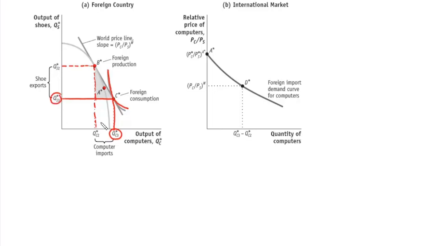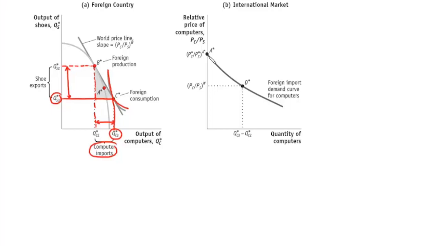Now this difference between consumption and production will give us exports and imports. This foreign country is going to import computers, given by Q star C3 minus Q star C2, and it is going to export this amount of shoes, QS2 star minus QS3 star. From this, again, we can determine the foreign import demand curve for computers.